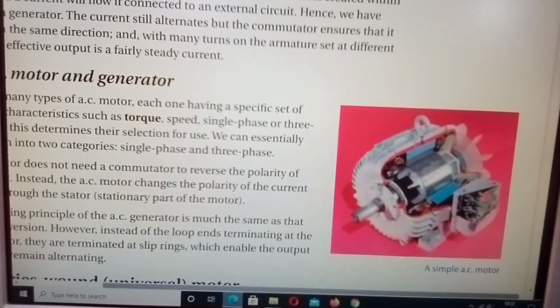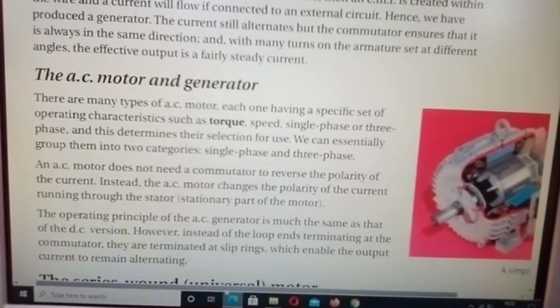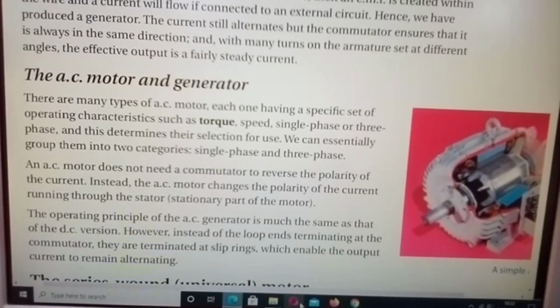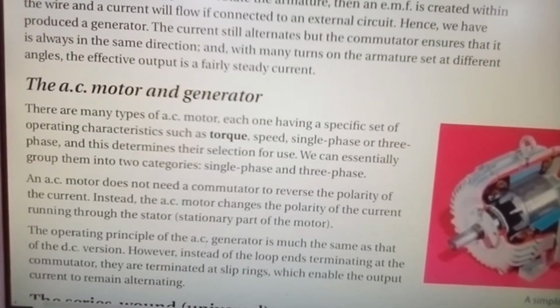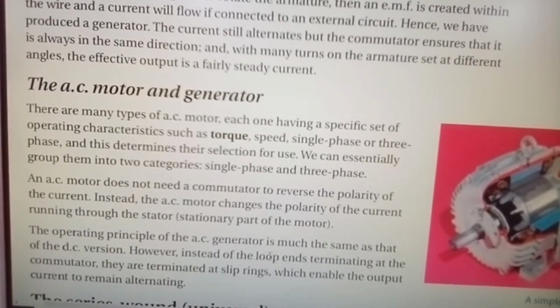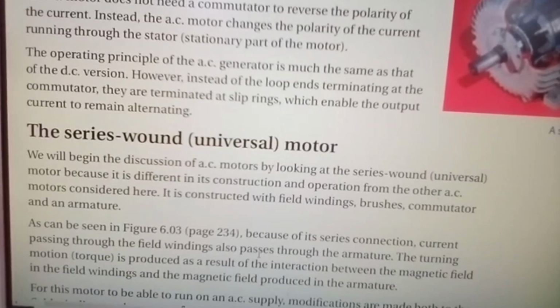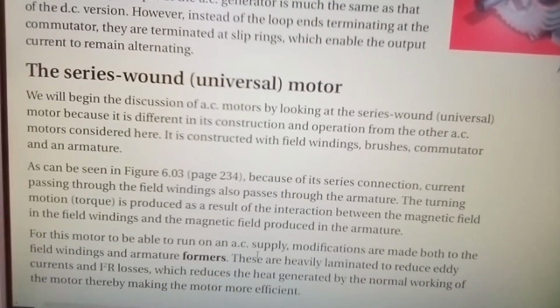Just to make sure that we can bring it into frame as much as possible. And here you have again the series wound universal motor. Again, read it for yourselves.